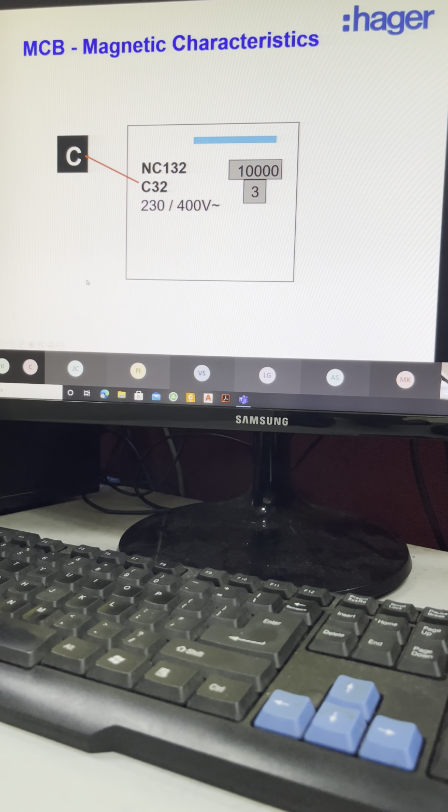As I explained earlier, it's important to understand these curves, the B curve, C curve, and D curve. Because if we are not able to understand and use them properly, it will be difficult for us to understand the LSI and LSIG concept in MCCB and ACB.